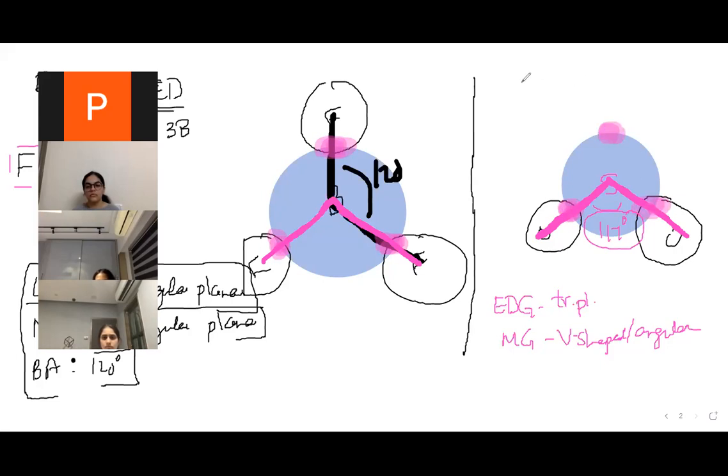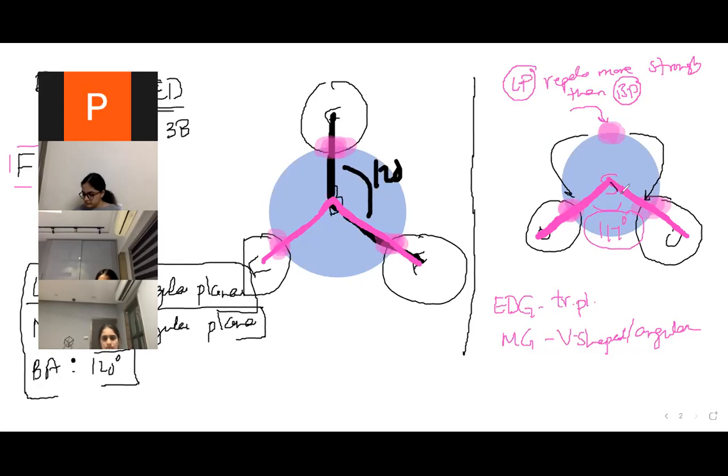And remember that a lone pair of electrons repels more strongly than a bonded pair. So the lone pair over here will repel the other two more strongly. In other words, it will push them down.